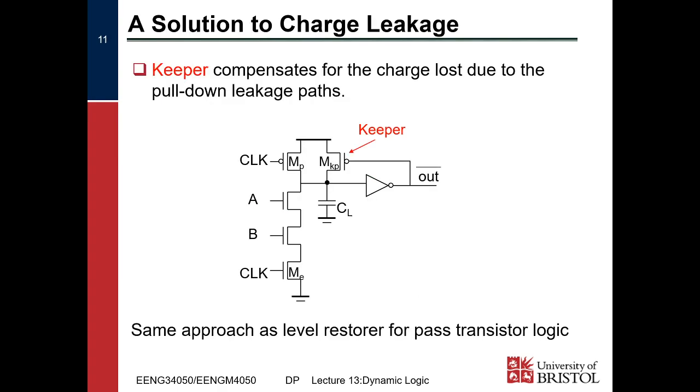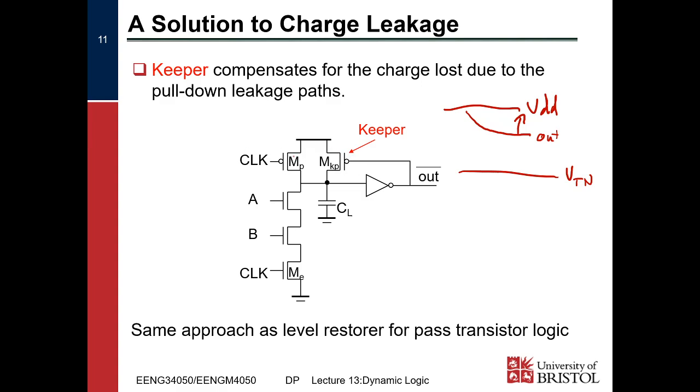We use a keeper transistor. Just as we did with our pass transistor logic, we introduce a keeper transistor so that if our voltage tries to drop, but it's still above our threshold, VTN, if our output voltage tries to drop, our keeper will provide current to push it back up, right?